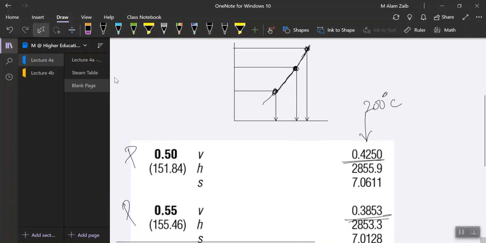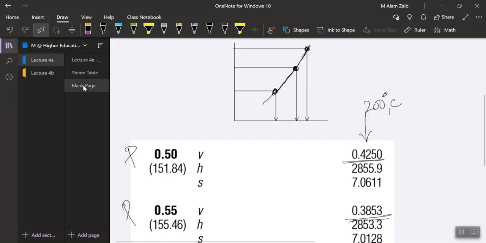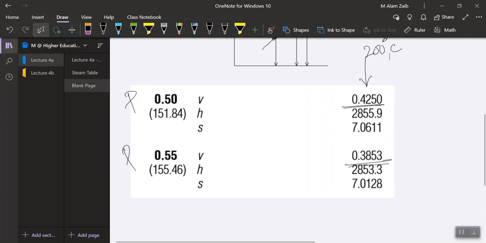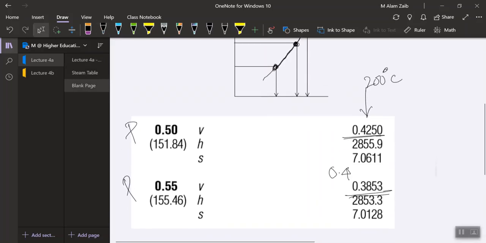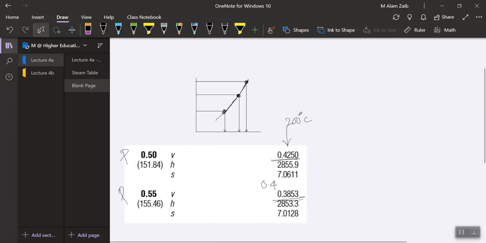And we have been asked to find the pressure at a volume of 0.4 cubic meter per kg. So we have to find a pressure which corresponds to a volume of 0.4 cubic meter per kg. Same thing as we have done in a previous example.